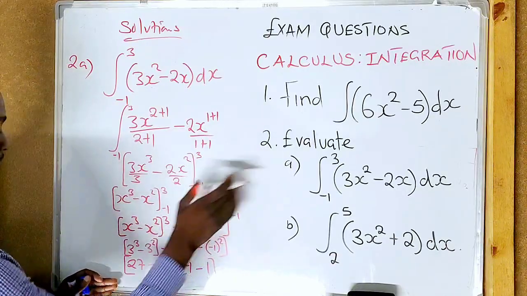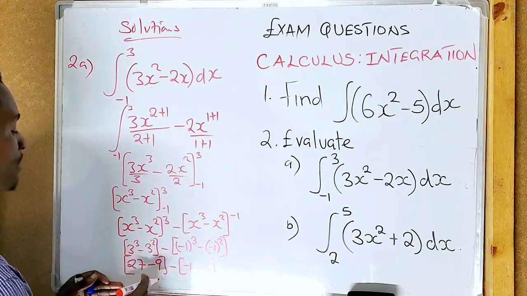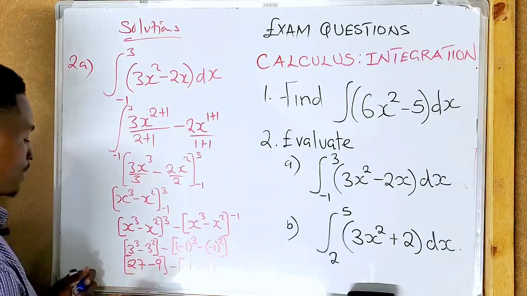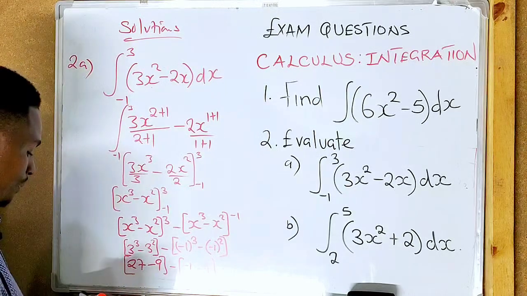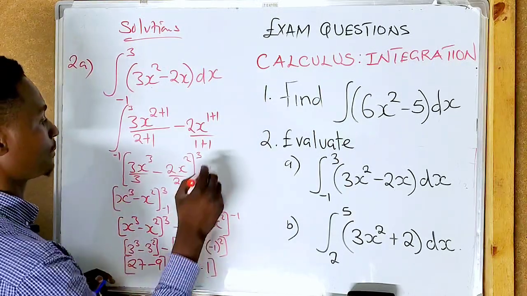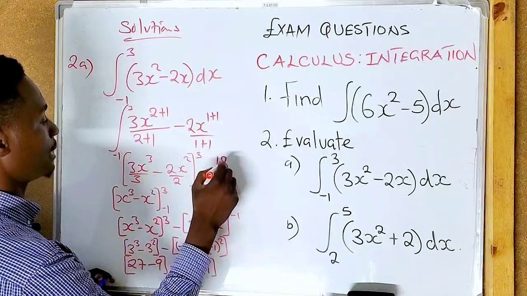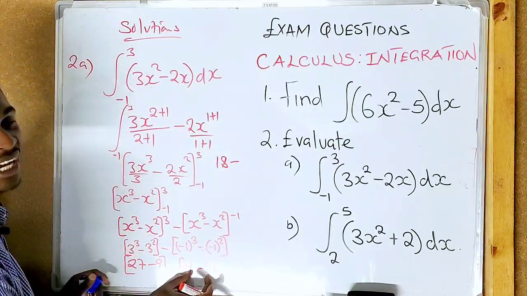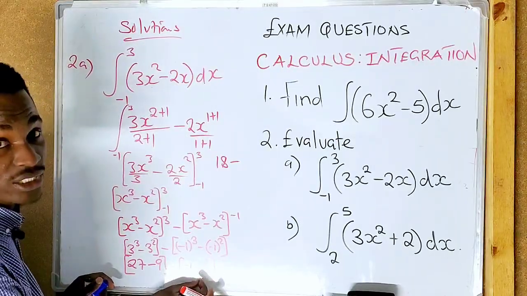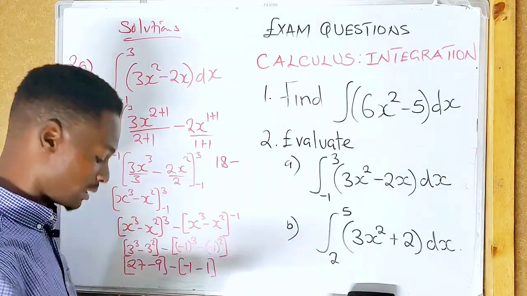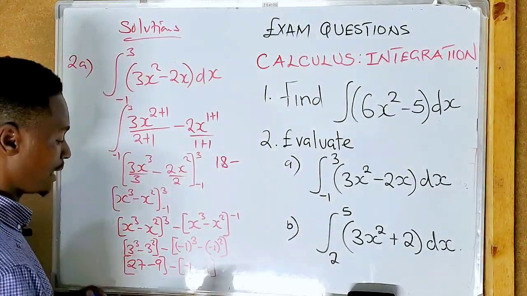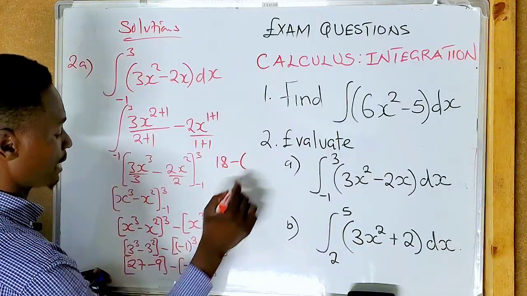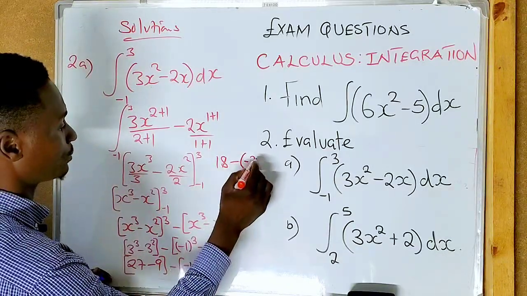Let me calculate from here. 27 minus 9 is 18. 18 minus this. What is the difference here? -1 minus 1: common signs we add and keep the common sign, so -1 minus 1 is -2.